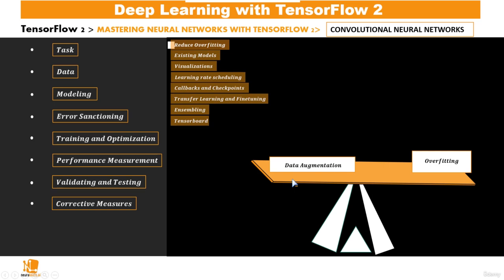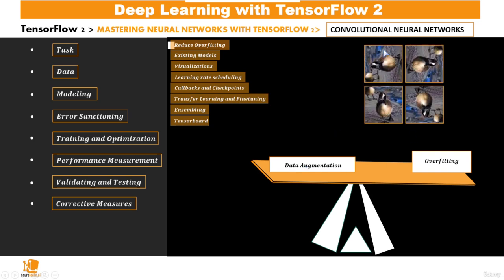One of the most popular ways of resolving this problem of overfitting is through data augmentation. When given a data set, suppose we have this one image of the bird, we could flip it, say this, this, and this. So instead of working with just this one image, we work with 4 of this.